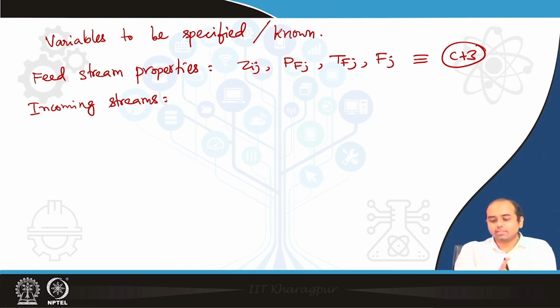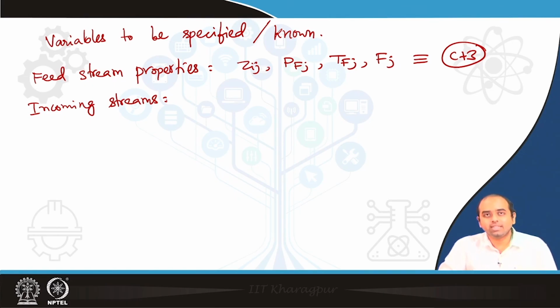See, the unknown stream properties for the jth tray would be Tj, Pj, Lj, Vj, Xij, Yij. Similarly, that is the case for the previous stage also, isn't it? In the previous stage also these are unknown, which are solved as a part of the calculation of that stage.